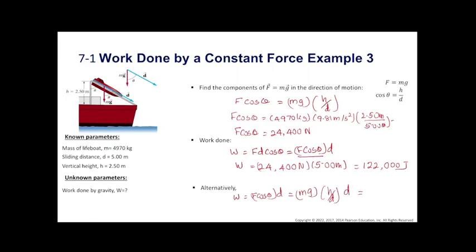Therefore, it is simply mgh. So if we solve this equation, we get exactly the same value. In this case, the work is simply mgh, exactly the same as if the lifeboat had fallen straight down through the height h, which is mgh.